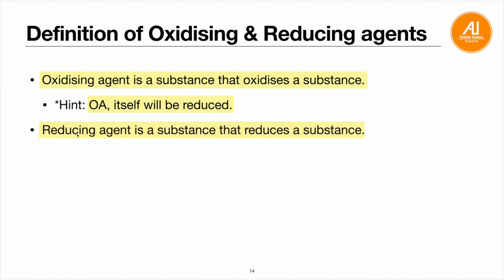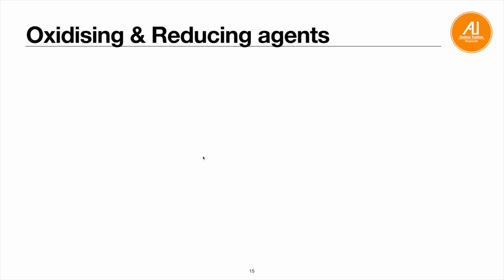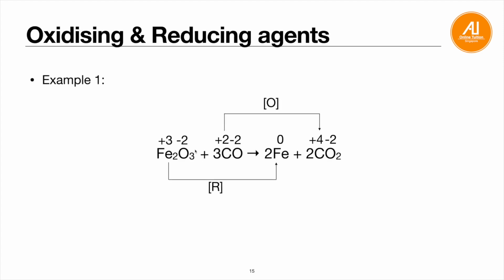A reducing agent, on the other hand, is a substance that reduces another substance. Meaning, the RA itself will actually be oxidized. So let's look at some examples first. Example number 1 is the equation we just went through. We already mentioned that Fe2O3 is reduced to Fe.